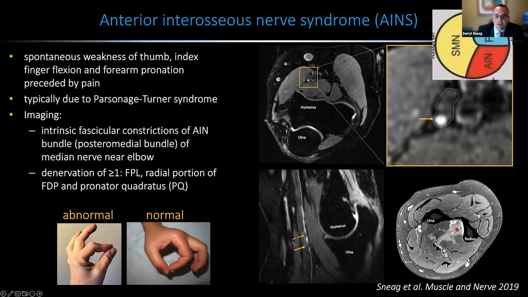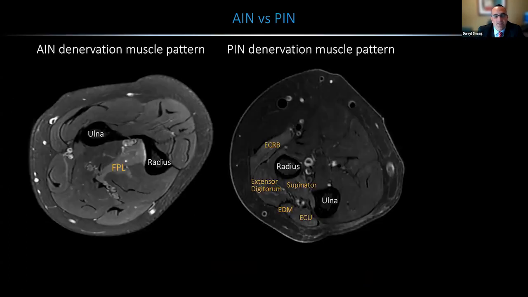And here, denervation of the FPL. And if we look at that AIN bundle longitudinally, we see multiple, again, caliber changes compatible with intrinsic constrictions at the fascicular level. So this is to contrast with the muscle denervation within the distribution of the posterior interosseous nerve.